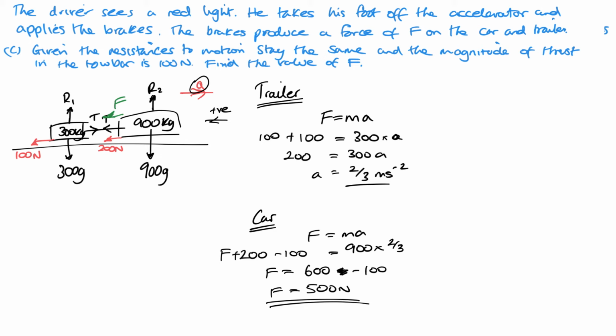Now, the final part in this chapter is about pulleys. One thing about pulleys is that you cannot model this as a single particle, because although they are connected, they would actually be moving in different directions. The whole definition of a single particle is that they're effectively attached or moving in exactly the same direction at exactly the same speed or acceleration, at exactly the same time, which is how you can model them as a single particle.